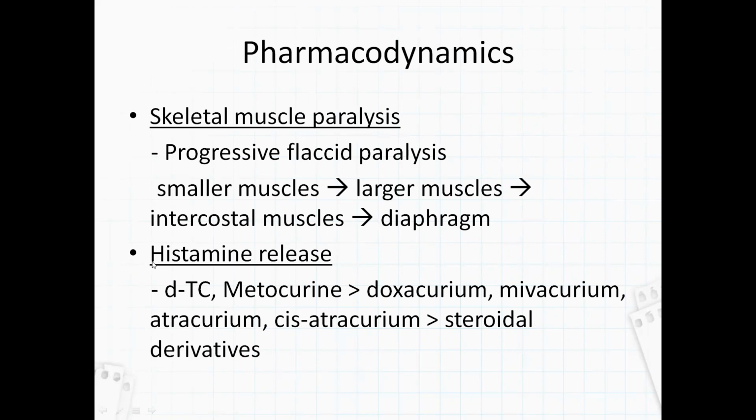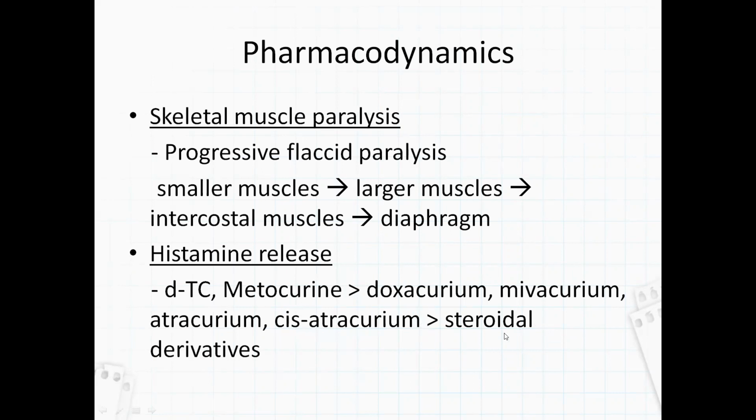Coming to histamine release, these drugs also release histamine from the mast cells. Here, this is the order of how they affect the release. D-tubocurarine and metocurine release more histamine from the mast cells, and doxacurium, mivacurium, atracurium, cisatracurium release it moderately.